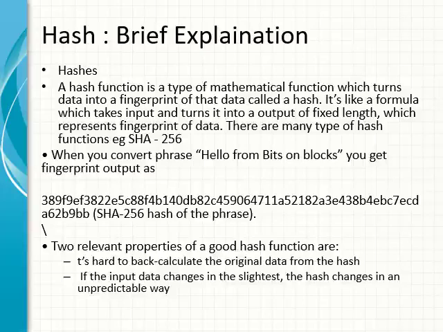There are various types of hash functions. For example, SHA-256 is one of the hash functions. There are other functions also. By using these functions we can convert the input data into the hash. If we take the example of SHA-256, if we want to convert the sentence "hello from bitcoin blocks", and this input is given to the hash function, then you can see the fingerprint output of this input.